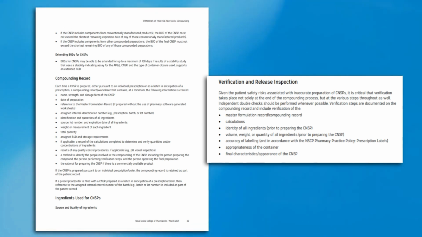Some things that must be documented on the compounding record include verification of the MFR, an assigned internal identification number, for example, the prescription number, the date of preparation, the lot numbers and expiration dates of all ingredients, the total quantity made and dispensed, as well as the quantities for individual ingredients, the actual beyond use date calculated from the date of preparation, a record of calculations, and the results of quality control procedures.